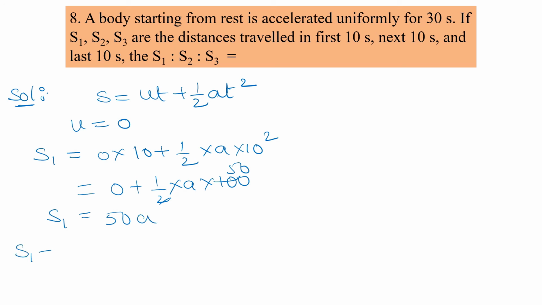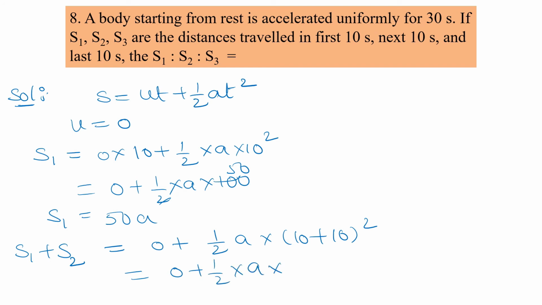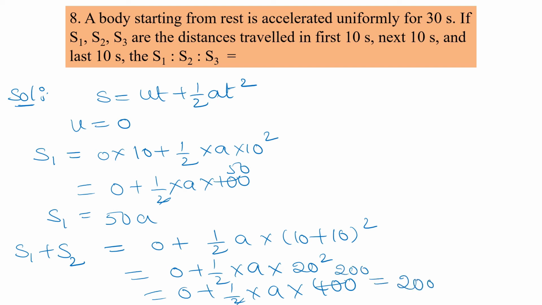Next, S1 plus S2 is equal to 0 plus half a into 10 plus 10 whole square, that is half into a into 20 square, nothing but 400. Half of 400 is 200, so S1 plus S2 is 200a.